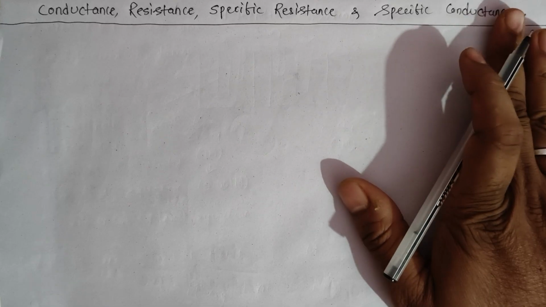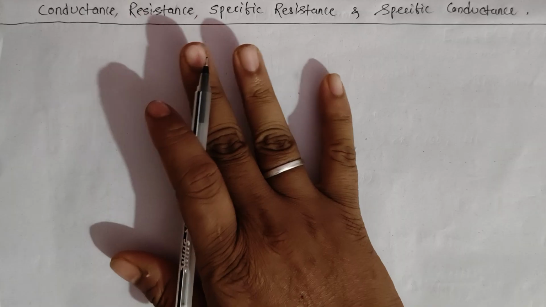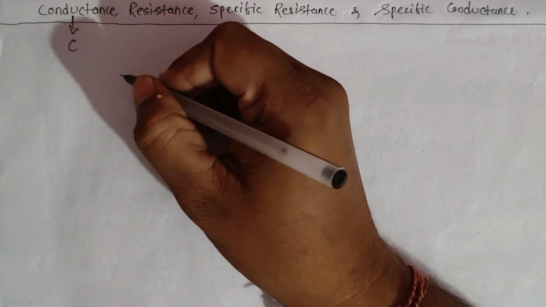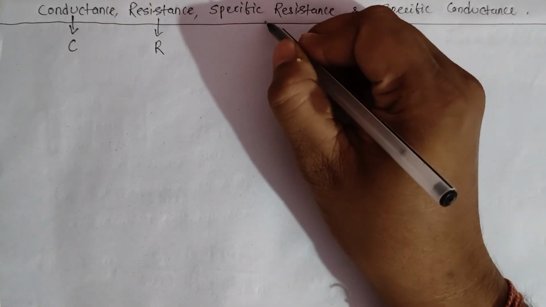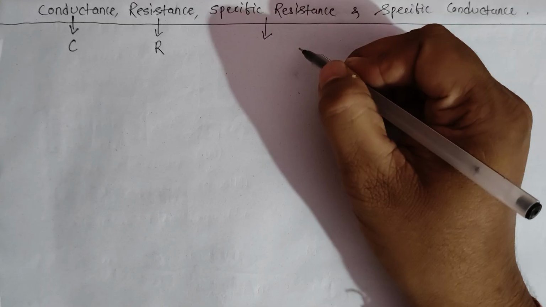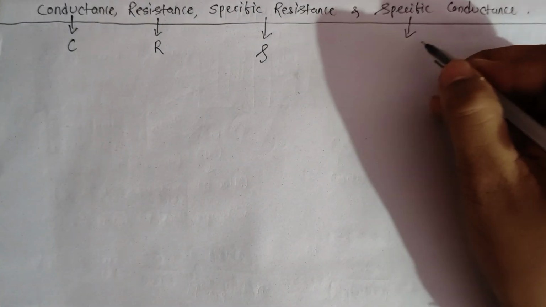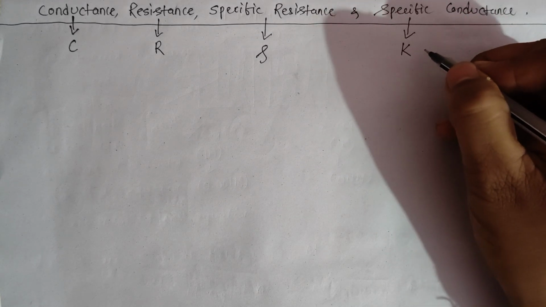Okay. So first of all, let me tell you the symbol of these terms. The symbol of conductance is C. Symbol of resistance is R. Symbol of specific resistance is rho, and symbol of specific conductance is K. K means kappa.